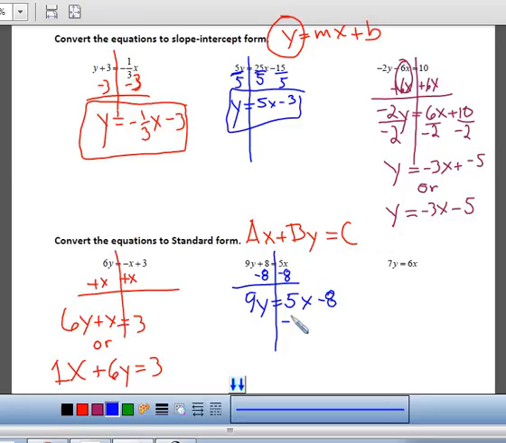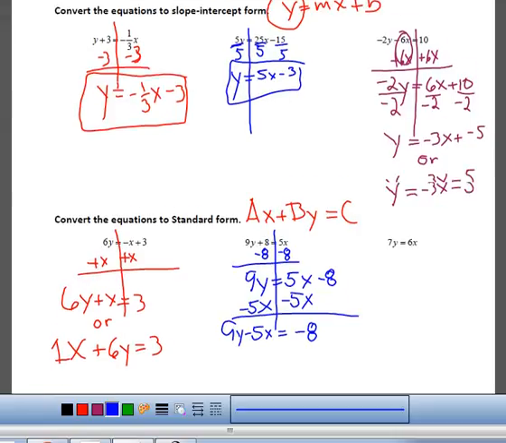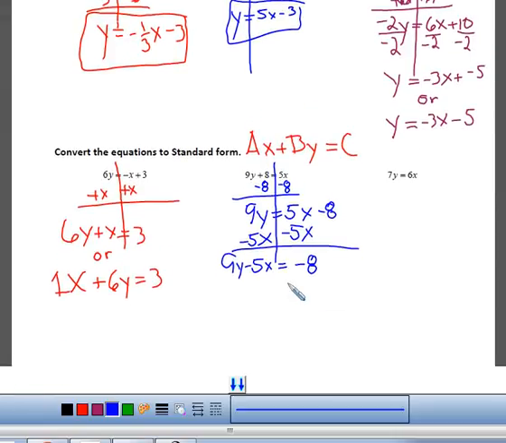Now to get the x over on the other side, I'm going to subtract it from both sides. And you get 9y minus 5x equals negative 8. Now this would actually be okay. Let me scooch this up a little bit. But I think, remember, we can treat subtraction like adding a negative.